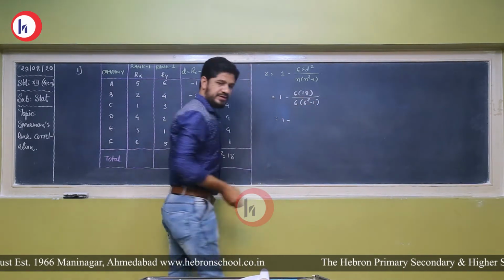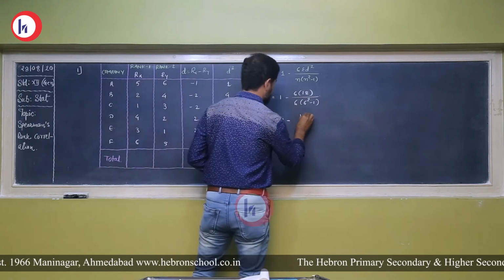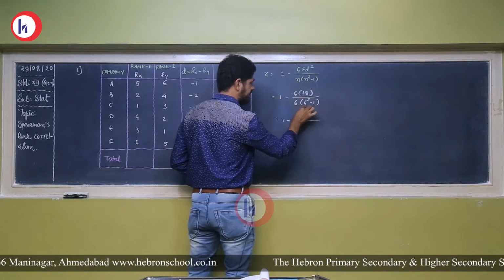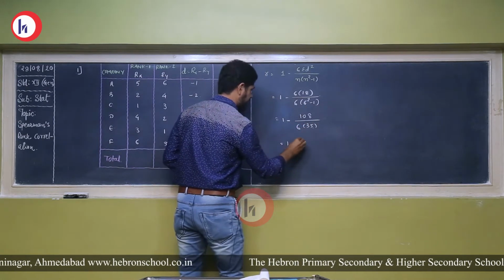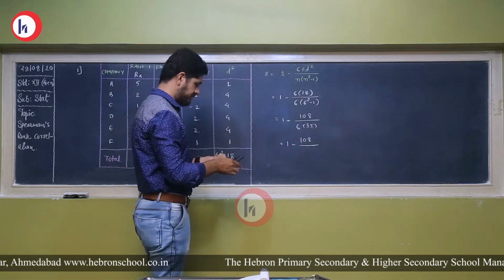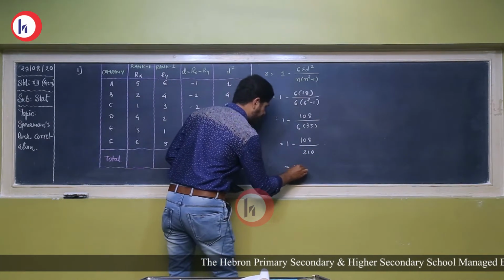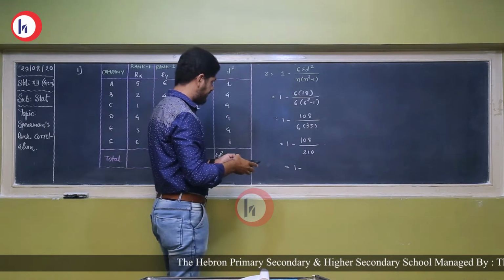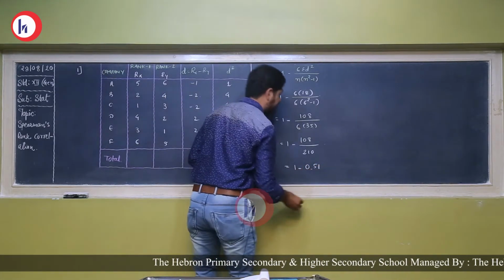Let's complete the sum. 18 into 6 is 108, divided by 6 square, that is 36, minus 1 is 35, so 210. Now 1 minus 108 divided by 210, which is 0.51.